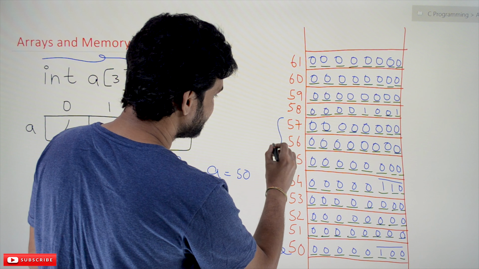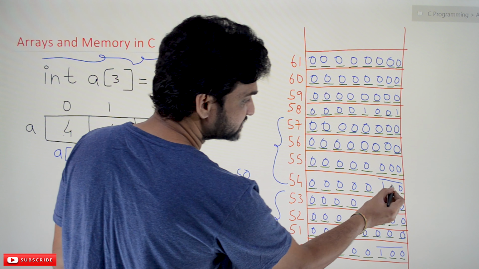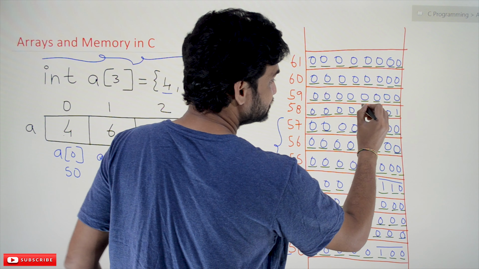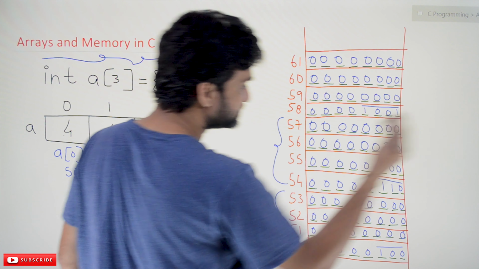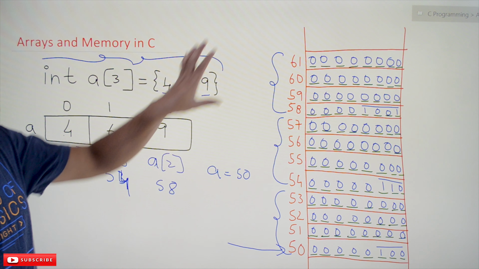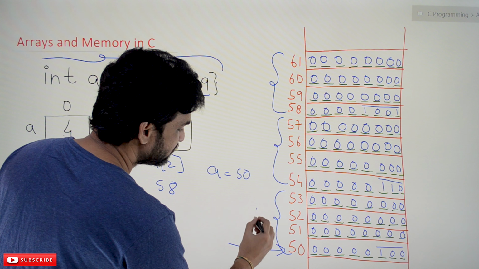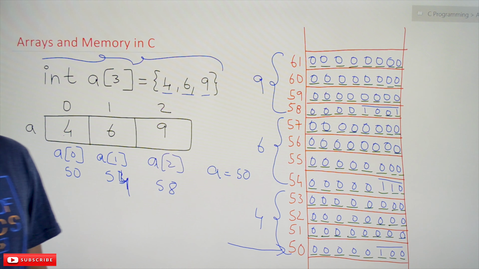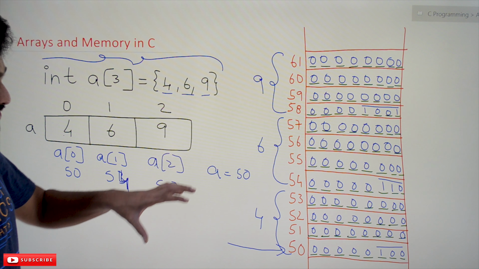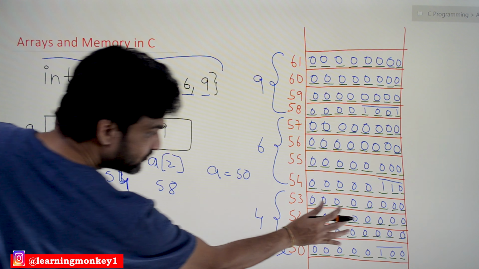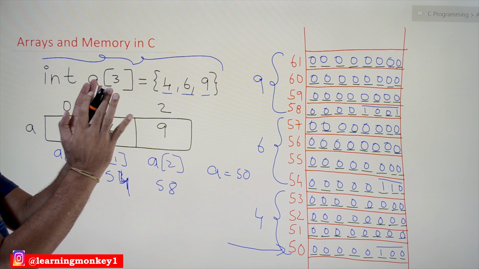So these 4 bytes of space are allocated for the decimal number 6. Similarly 1001 is the binary value of the decimal number 9, and these are the 4 bytes of space allocated for 9. Here the 4 is getting stored, here the 6 is getting stored, and here the 9 is getting stored. So how this visualization came is, all these 4 bytes are made into one single box.